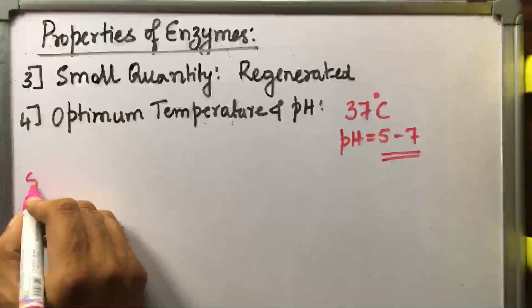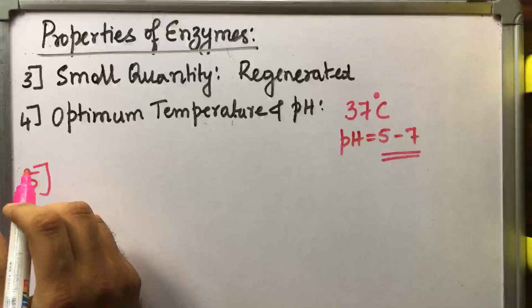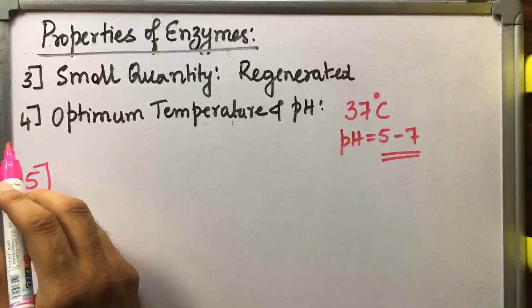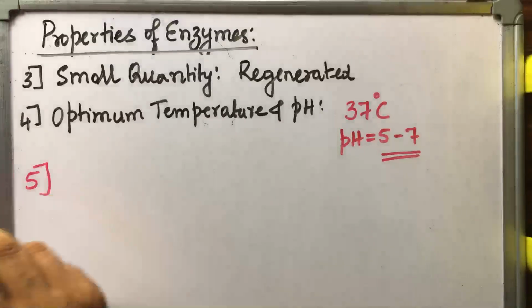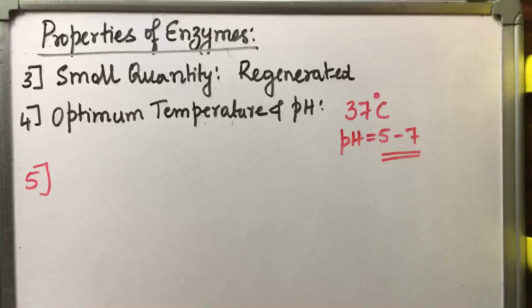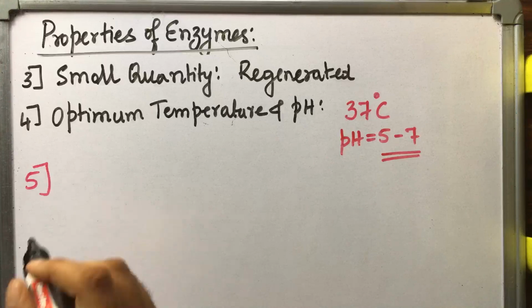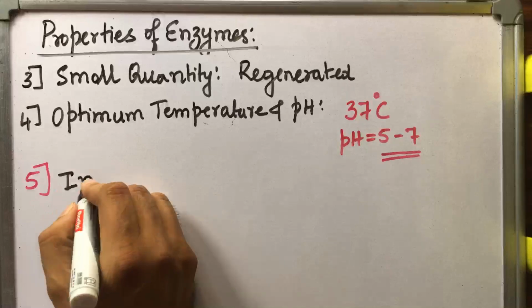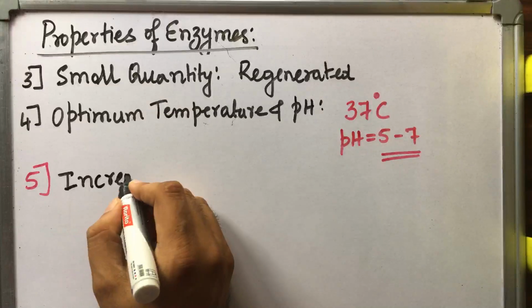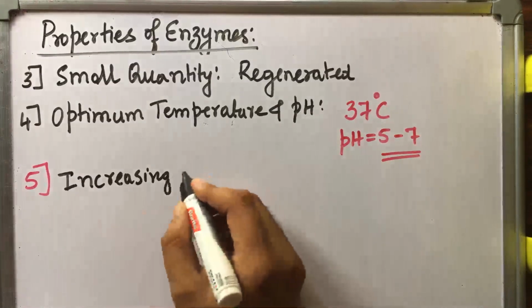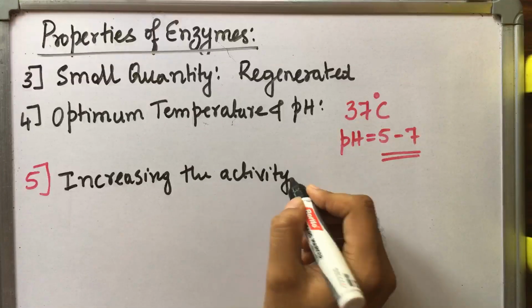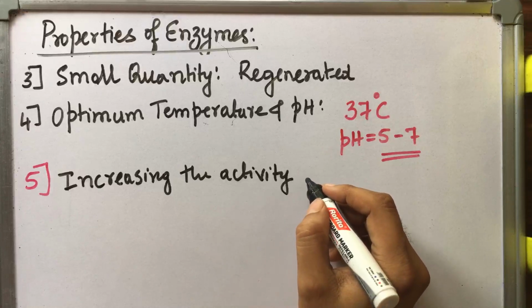And there are certain things which increase the activity, just like we studied promoters, and we studied poisons, which decrease the activity of a catalyst.